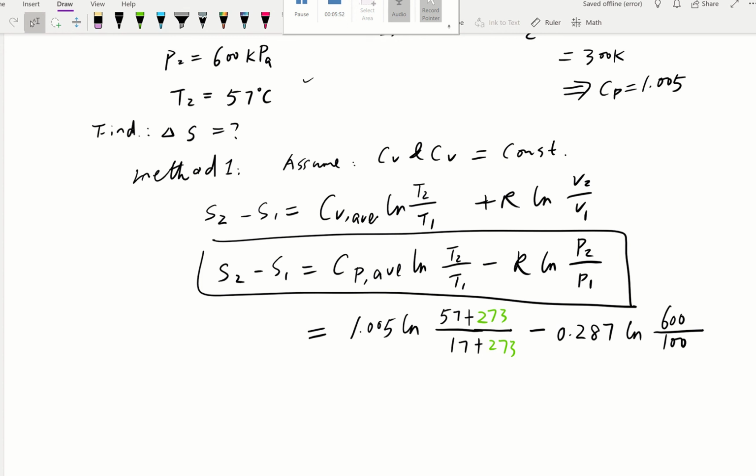We will have about negative 0.3842, and the unit for specific entropy change is kilojoule per kilogram per Kelvin. That's our answer for delta S.